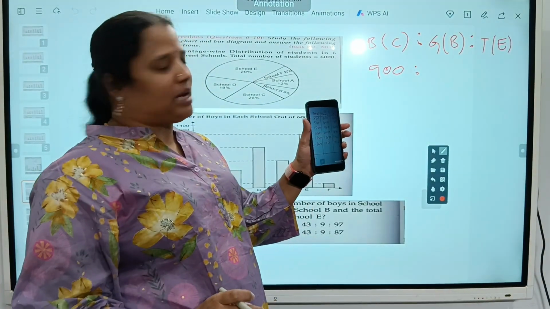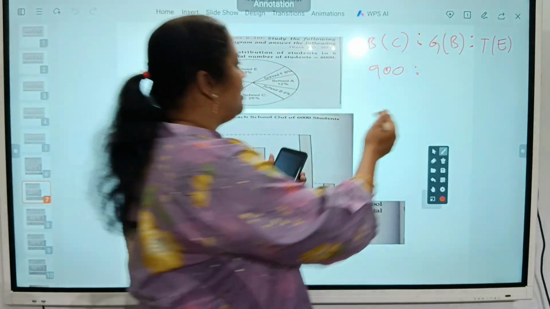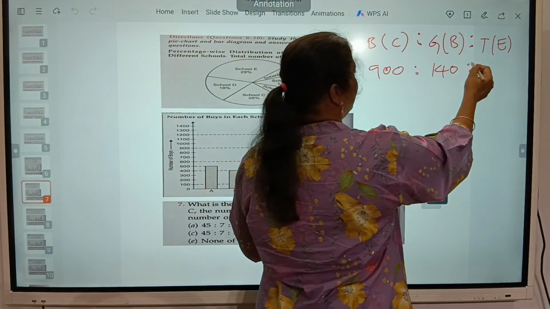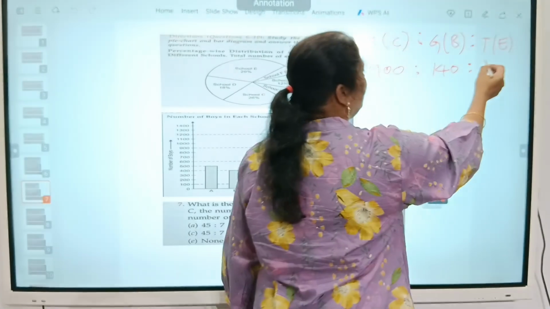I have saved this table for reference. The number of girls in school B is 140, is to total number of students in school E, 1740.